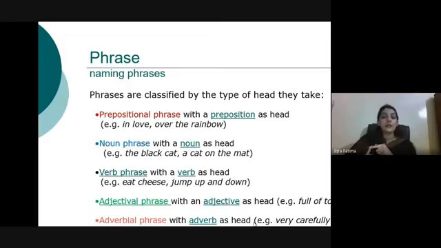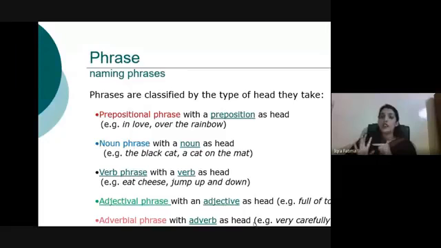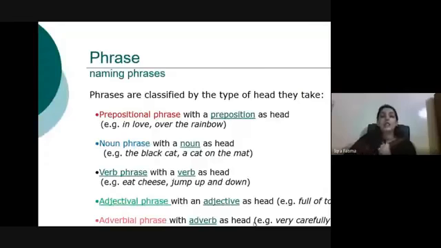If the phrase is giving you the answer of what kind of, how many, which one, it means that phrase is an adjectival phrase. If the phrase is giving you the answers of where, when, how, how many and how much, those types of phrases would be adverbial phrases.